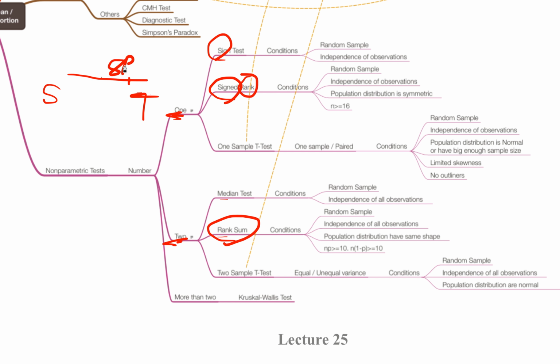Sometimes if you don't have all the conditions met, the signed rank test is good enough. It's the same thing here. If this is the median test and this is the two-sample t-test, I would say the rank sum is here. So the signed rank (SR) and the rank sum (RS) are two tests that have been underestimated, I would say. Now we're going to go to two samples.